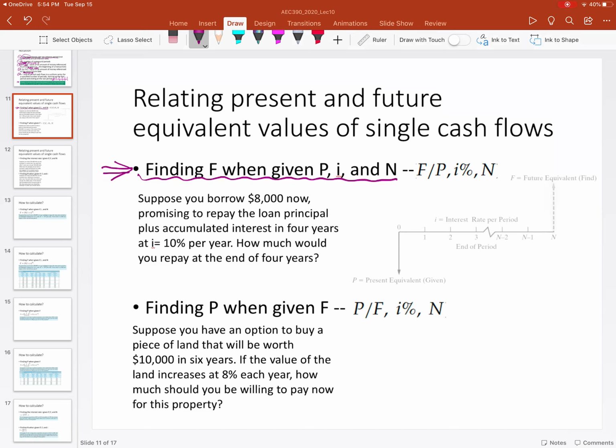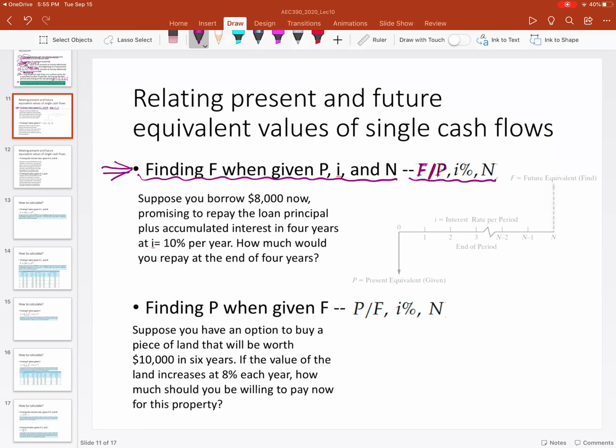That's the first scenario we will see. Many real life cases are under this scenario. And you can write a term to simplify this scenario. Here is how you write it. The first letter, F, means what you want to find out. So if you put F at the beginning of this term, it means you want to find out F. And the slash means given.